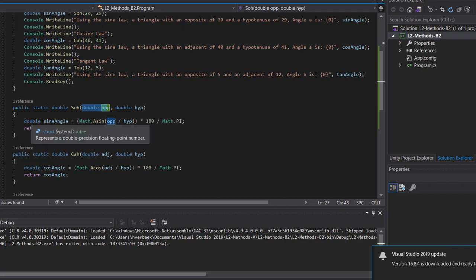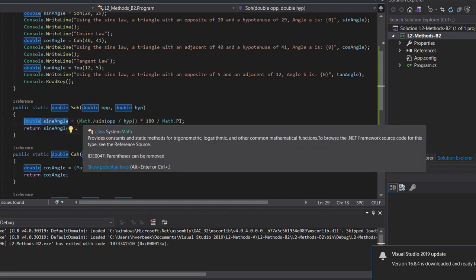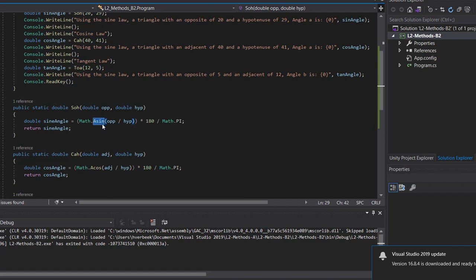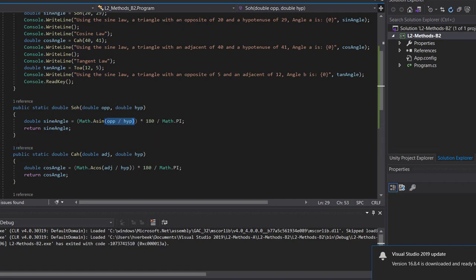Then double sineAngle, so I gave it a variable, is equal to Math.Asin, which is inverse sine, taking in two parameters, both of them doubles, opposite over hypotenuse, times 180 and divided by pi. And you can get pi as Math.PI. But because we have a return type, it's very important that you return the sineAngle.